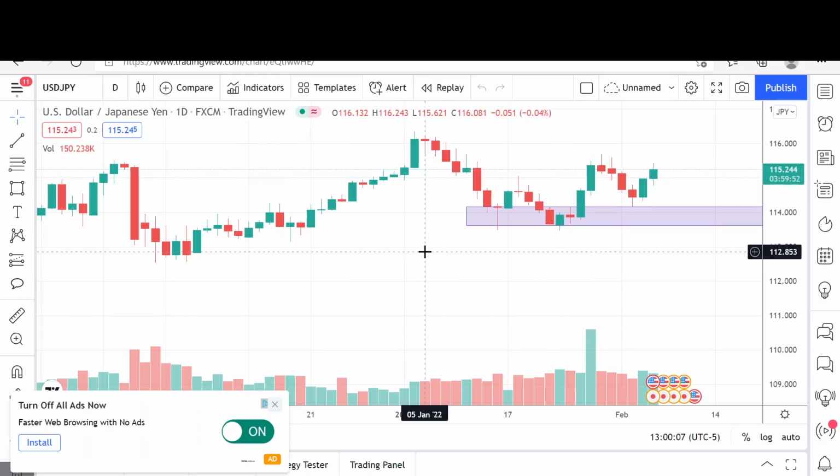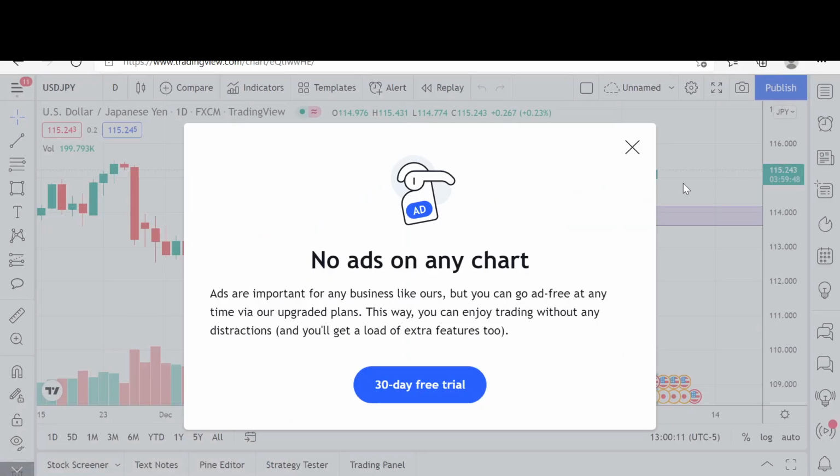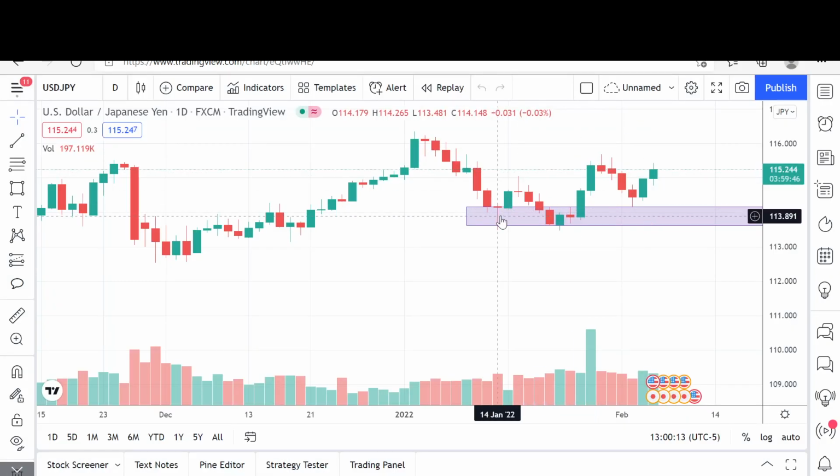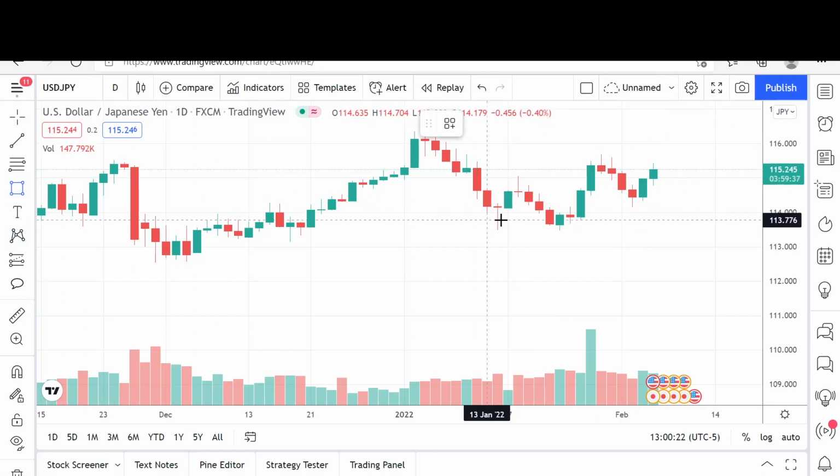Okay. Now, let me show you an example of what wouldn't be an order block. So why wouldn't this? Yeah, let me use a better one.